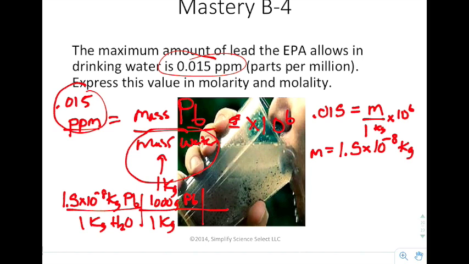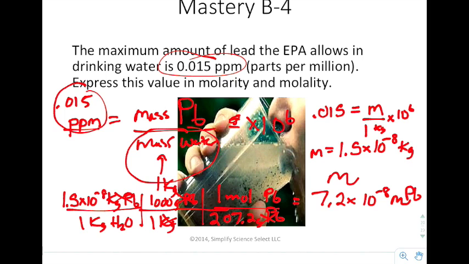Then I can look up lead on my periodic table, and lead is 207.2 grams per 1 mole of lead. If you were to stop right here, you would have moles of lead divided by kilograms of water, which is your molality. When you plug this into your calculator, you end up getting 7.2 times 10 to the minus 8th molality of lead.